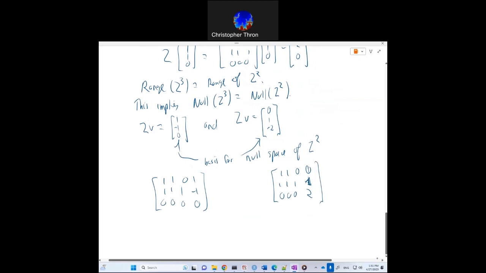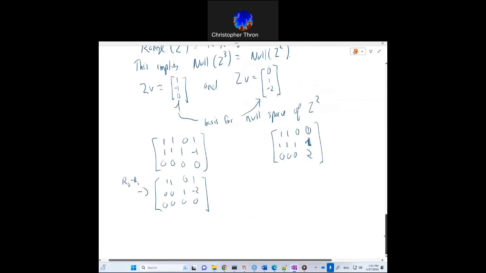I seem to remember that this one gave me this as a solution. And then if I try to solve this one, well, let's just do it, right? If I take R2 minus R1, I'm going to get (1, 1, 0, 1), (0, 0, 1, -2). Yeah, that's what I got before. So the solution here is going to be some constant times (0, 1, -2).